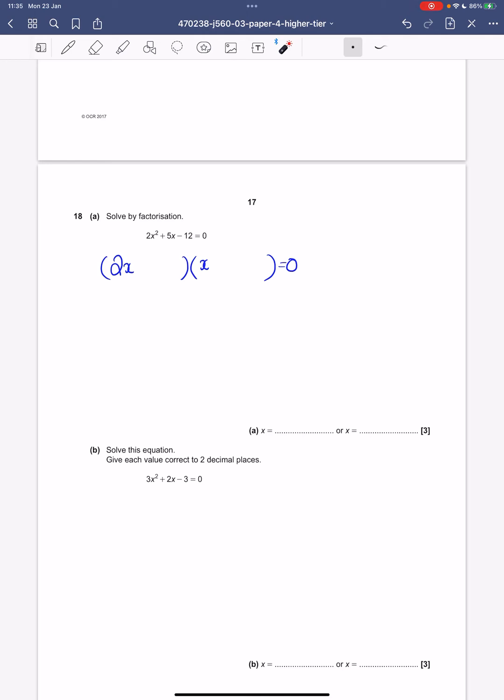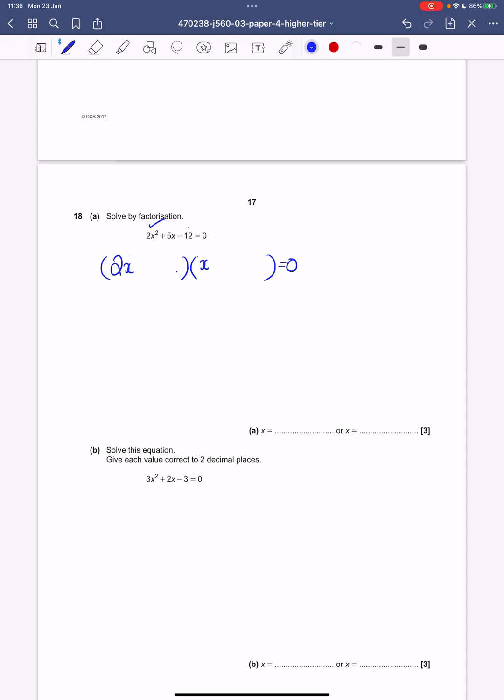Okay, and then there are a few ways of doing this. I just don't know which way is best to teach. But I'll just teach it the way that I was taught. If you know a better way, brilliant, use that. I know better ways as well. Yeah, but it's very easy to get the different ways muddled up. So anyway, what I've got so far is 2x squared, so that's sorted out.